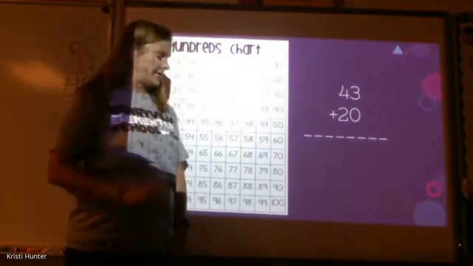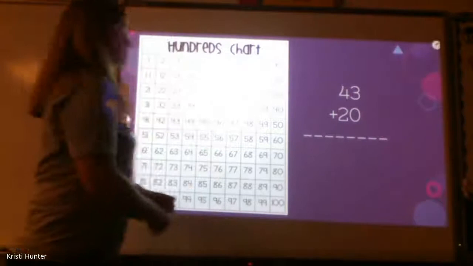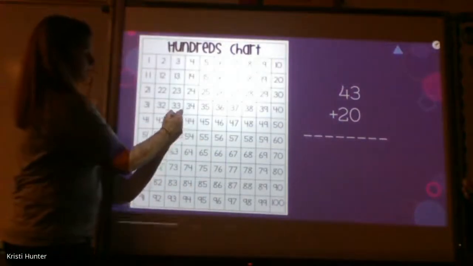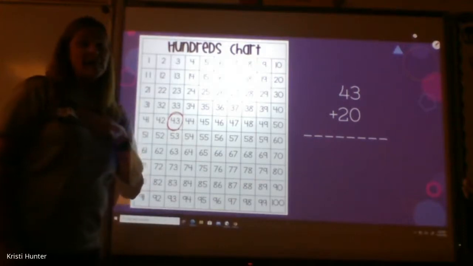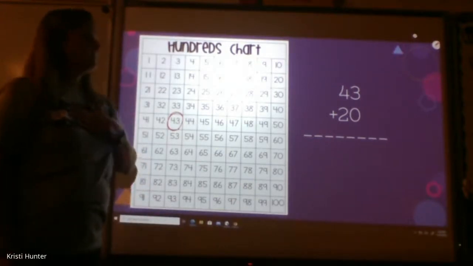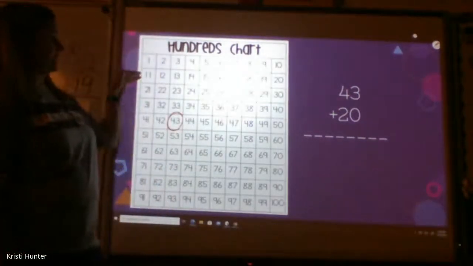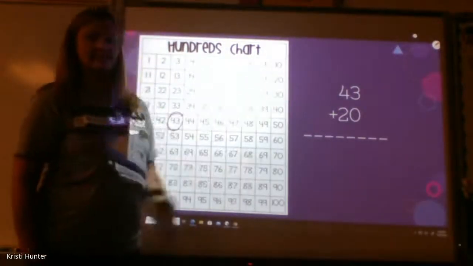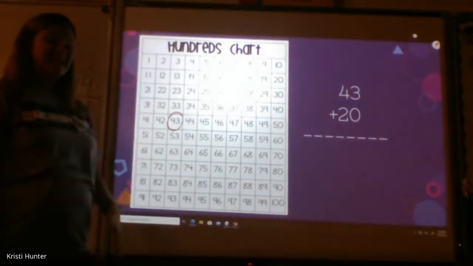So my first thing I need to do is find 43 on my hundreds chart. So when I look, 43 is located right here on my hundreds chart. Now I know when I have a hundreds chart, my numbers are in rows of 10. There's a row of 10, 1 through 10. There's a row of 10, that's 11 through 20. So they are moving by rows of 10.